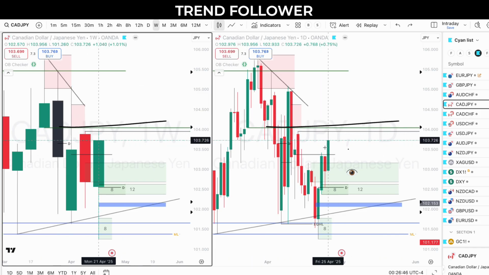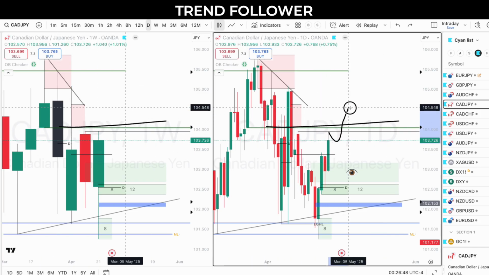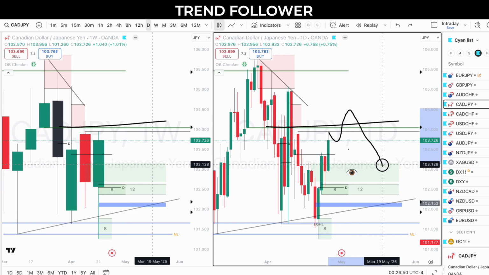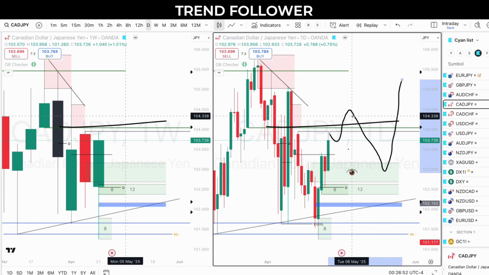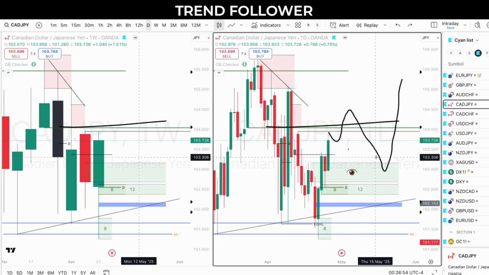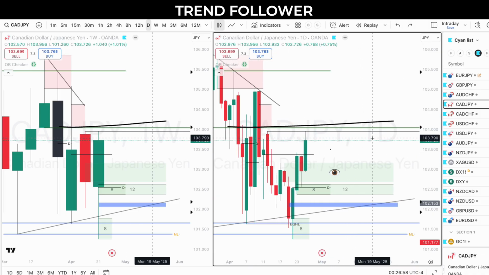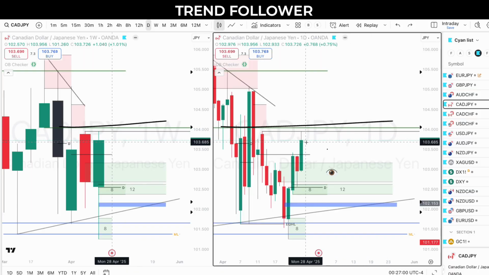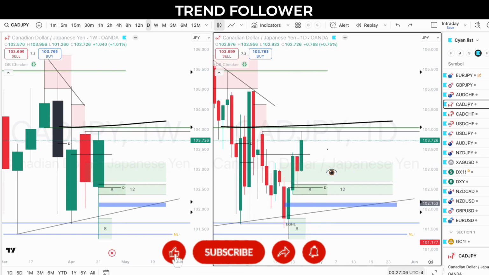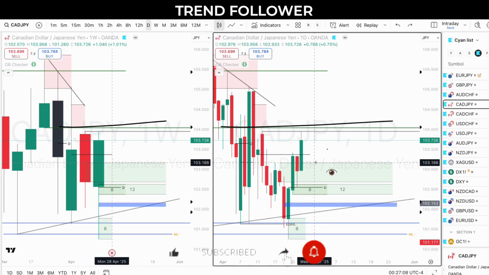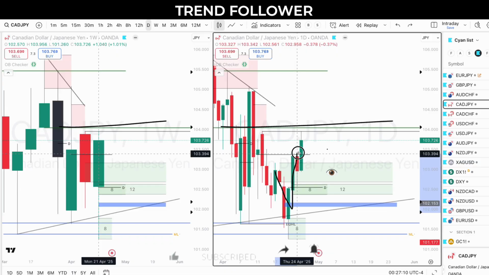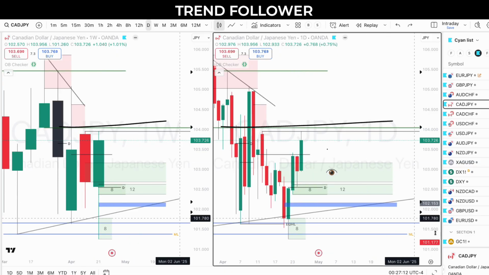So what you can see is you break this, then come back down and then go up, right? If you want to scalp, you can scalp somewhere here. And depending on the price action, I'll see what I will do. But in terms of going long, I want to get in here. Why? Because there are two daily demands here. One is this, one is this, right?